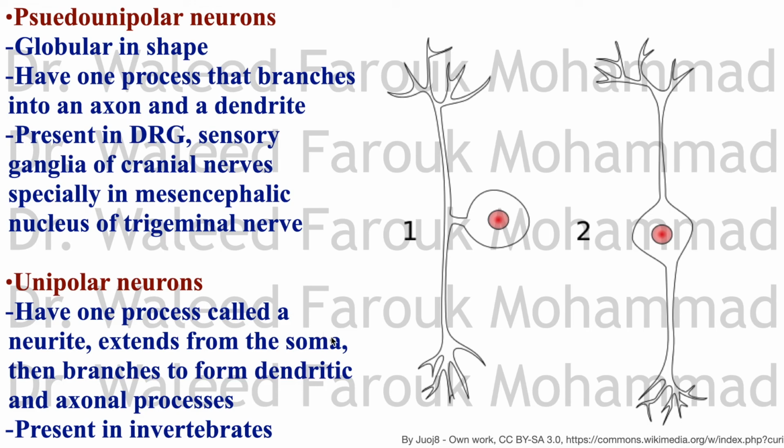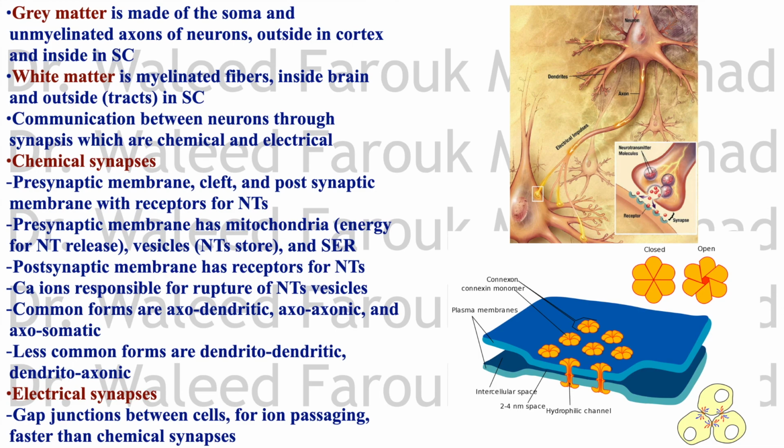The neuron has one process called a neurite that extends from the soma, then branches to form dendritic and axonal processes. These are the types of neurons present in human beings.